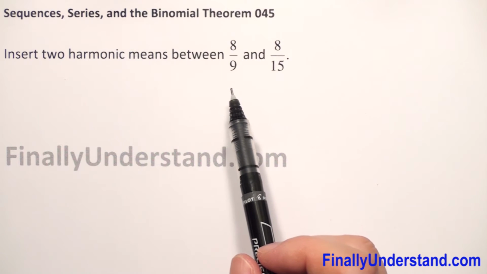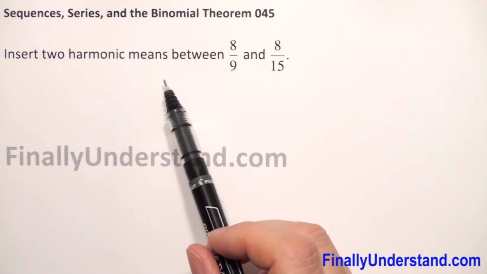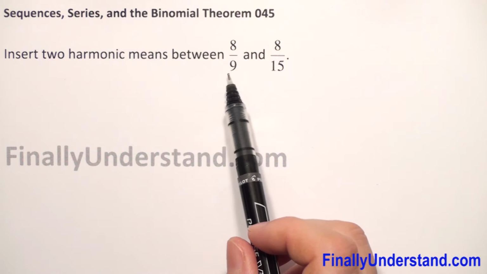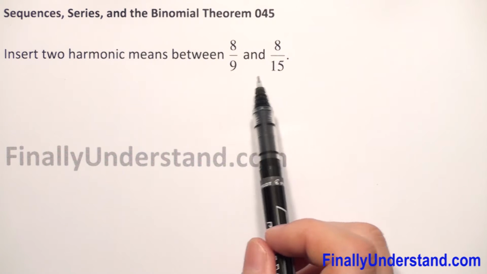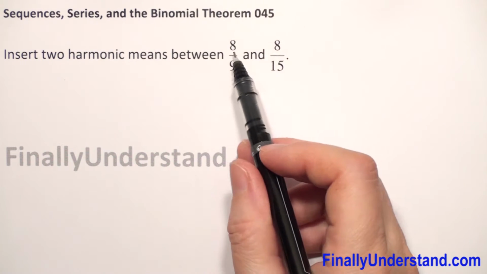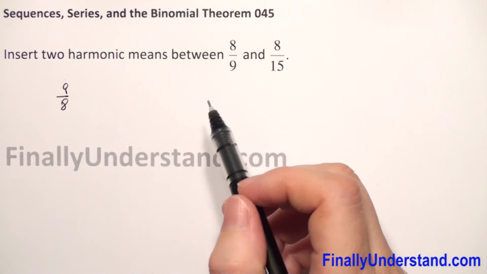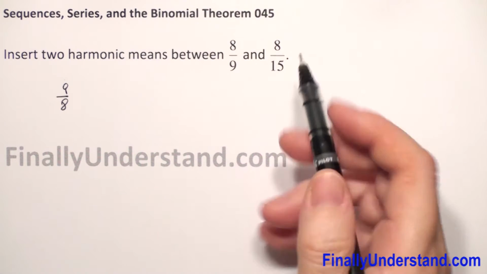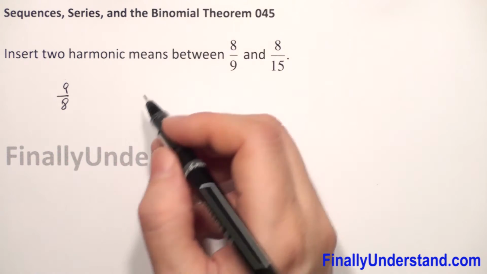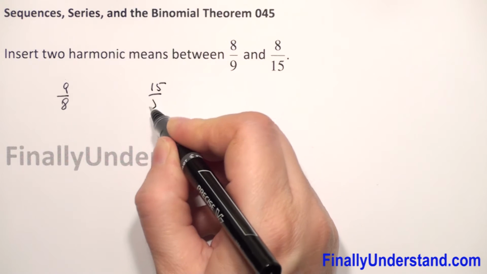So first we will take reciprocals of our two given terms. The reciprocal of 8 over 9 is 9 over 8, and of 8 over 15 is 15 over 8.